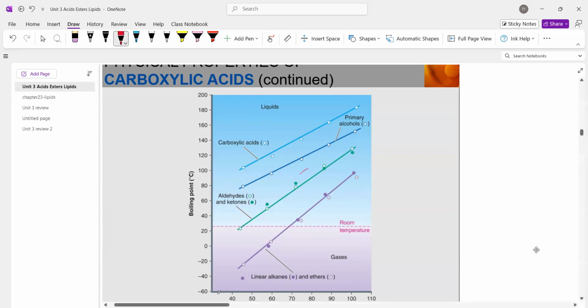Once you take away the hydrogen bonding, the OH attached to the carbon, the IMFs go down. But just a plain old carboxylic acid, it's quite polar. So you've got carboxylic acids, alcohols, mainly primary alcohols are very strong, aldehydes, ketones, and then down here we have, and they always forget to put alkenes as well.